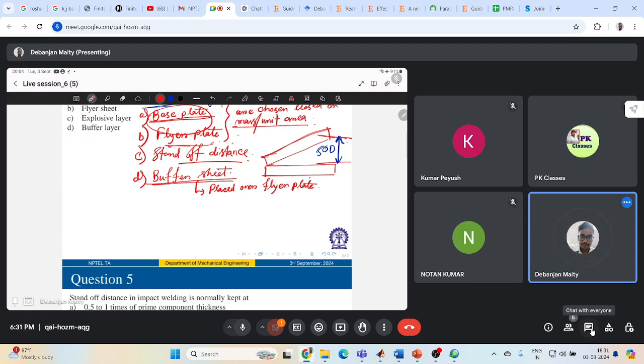What material is it made of? It can be made of some soft or damping material like rubber or PVC, this kind of materials. So what is the main role of this sheet? The main role is to protect the flyer plate from damage, if it is happening. It may happen, right, during the collision due to some explosion effect. So the protection is the main purpose of providing this buffer sheet.